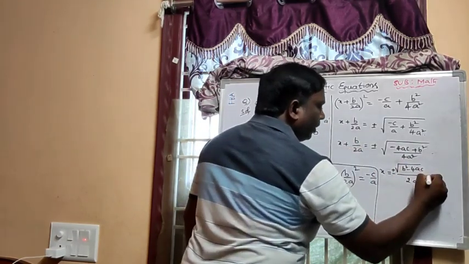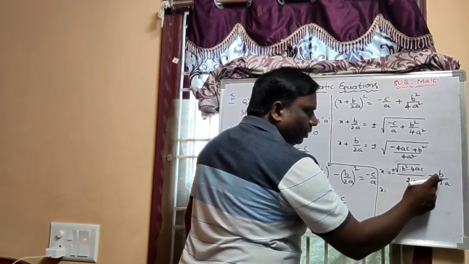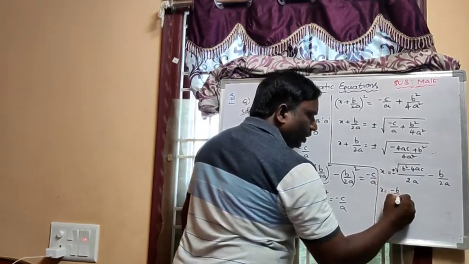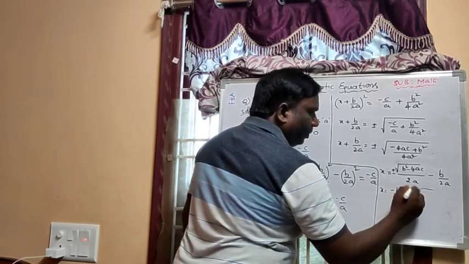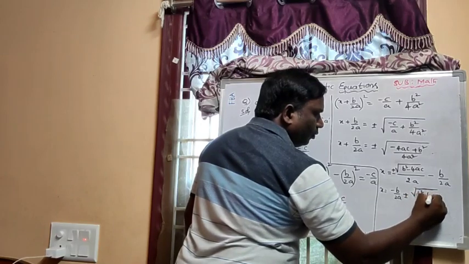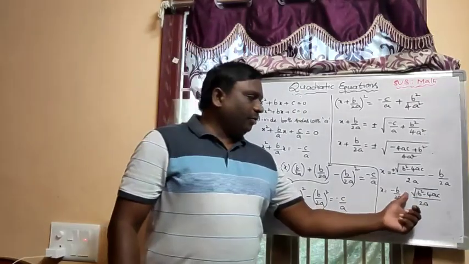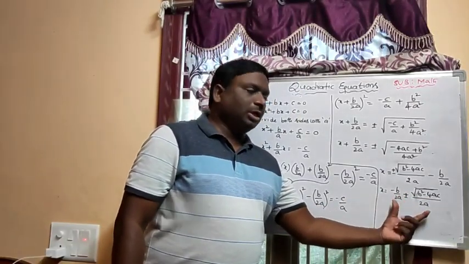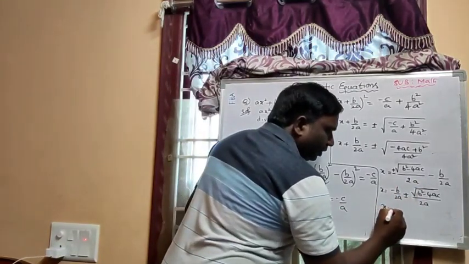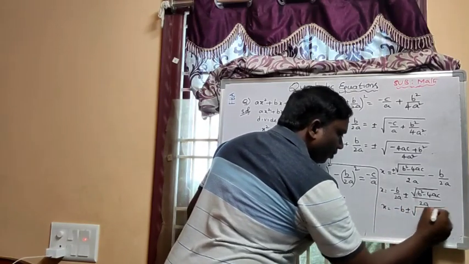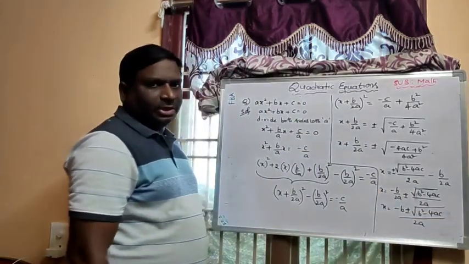If you take this side, then minus b by 2a, then it will become x equal to, this one I am writing first, minus b by 2a plus or minus square root of b square minus 4ac by 2a. So here the two terms are there along with addition sign or subtraction sign. So both the denominators are equal, then we can write the same denominator as LCM, then minus b plus or minus square root of b square minus 4ac by 2a.